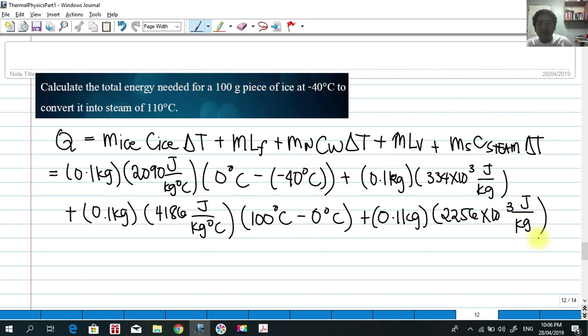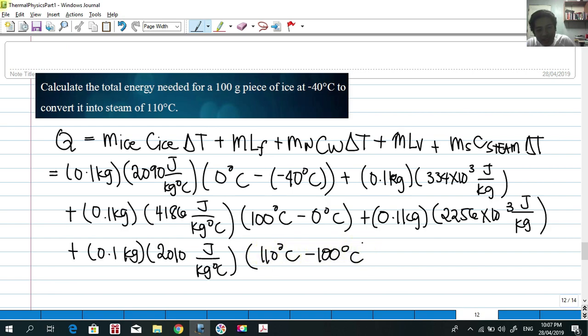And lastly, when it became steam, we must add the mass of the steam, which is still 0.1 kilogram, multiplied by the specific heat of steam, 2010 joules per kilogram degrees Celsius, times delta T. Our final temperature is 110 degrees Celsius minus 100 degrees Celsius.